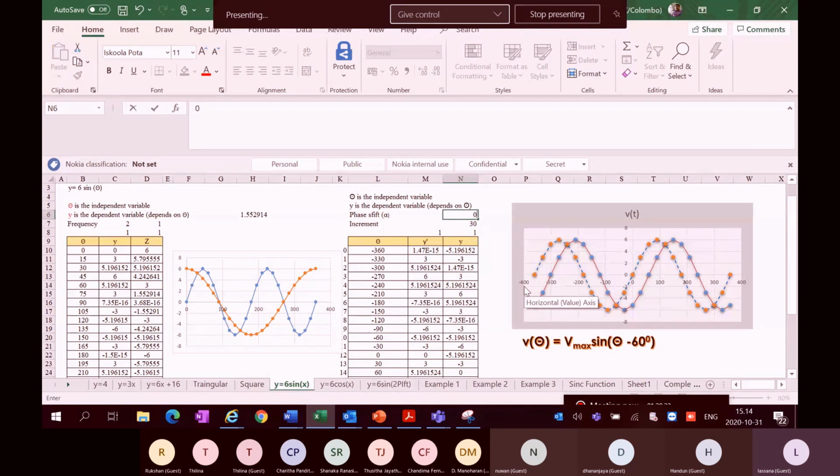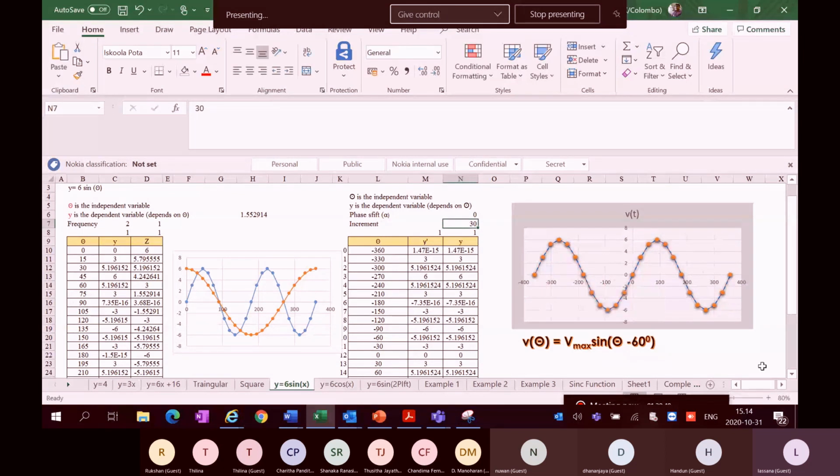And see, when I put plus 60-degree phase angle, it led, but see the difference. I mean, this distance, there is no signal shape change, because this dotted line shape and the solid line shape are almost the same.